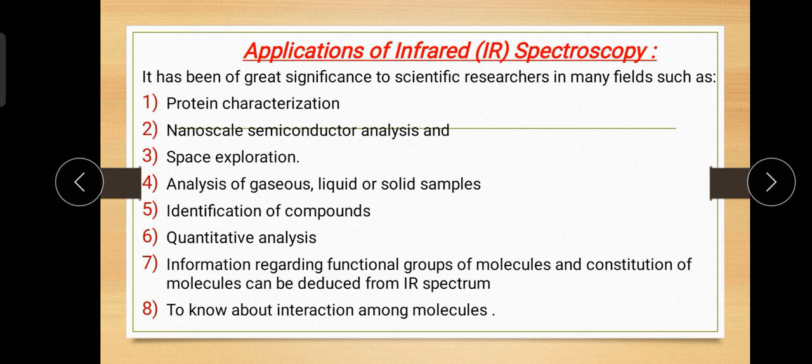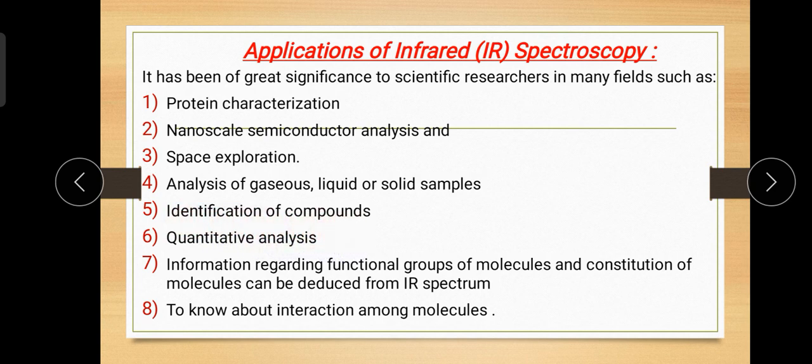As already mentioned in this lecture, there are different techniques to obtain the spectra of gaseous, liquid and solid samples. So with the help of these techniques we get the proper spectra and analyze that gaseous, liquid or solid sample. Now the fifth application is the identification of compounds.